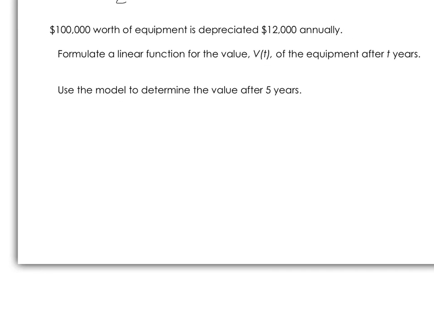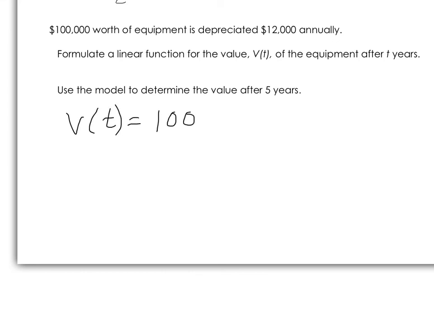So our V of t will be $100,000, that's our starting point, minus 12,000t, since we're going to depreciate or decrease in value by $12,000 each and every year that we own the equipment. So use the model to determine the value after 5 years.